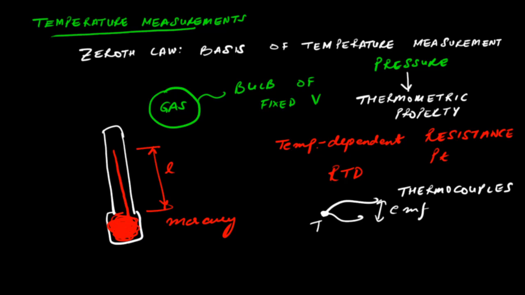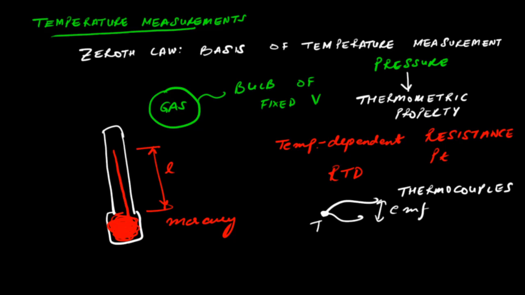So that property can also be used for temperature measurements. Any macroscopic quantity that you can measure and that is sensitive to attainment of new thermal equilibrium can be used as the thermometric property. Now, how does Zeroth law form the basis of temperature measurement?